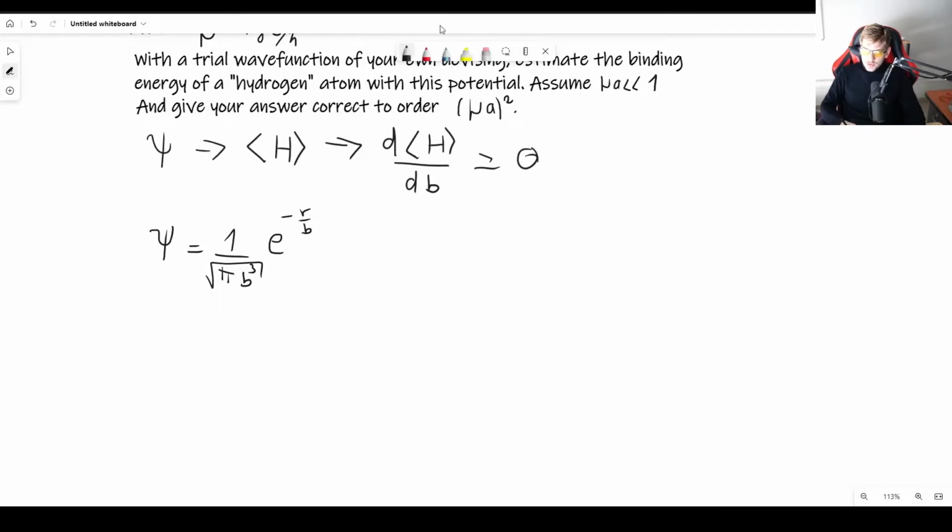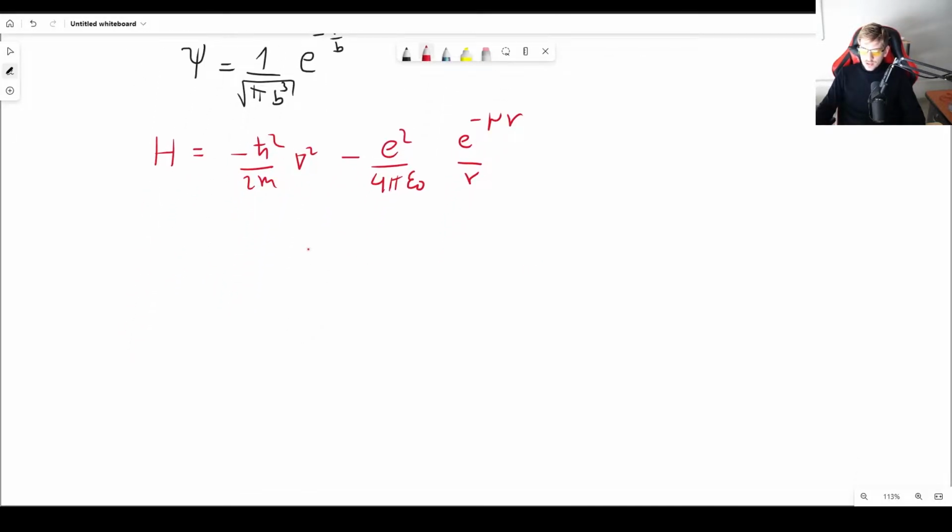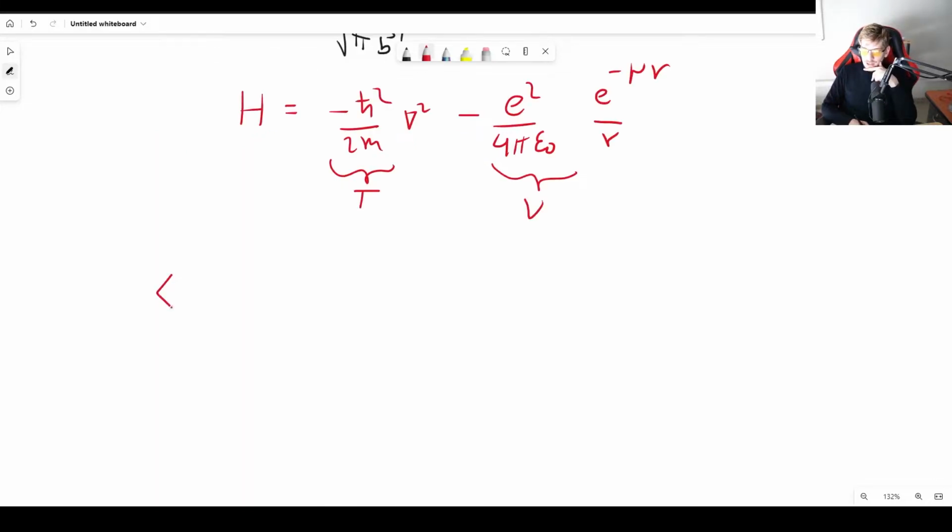So now we want to build the Hamiltonian. Now the Hamiltonian is, of course, going to be the kinetic part, minus h bar squared over 2m nabla squared, and then the potential, which is similar to what we're used to, except that now it has this e to the minus mu r. So we need to take the expectation value of both of these quantities. Now the kinetic part, we'll begin by solving that, and let's just write it out in general terms.